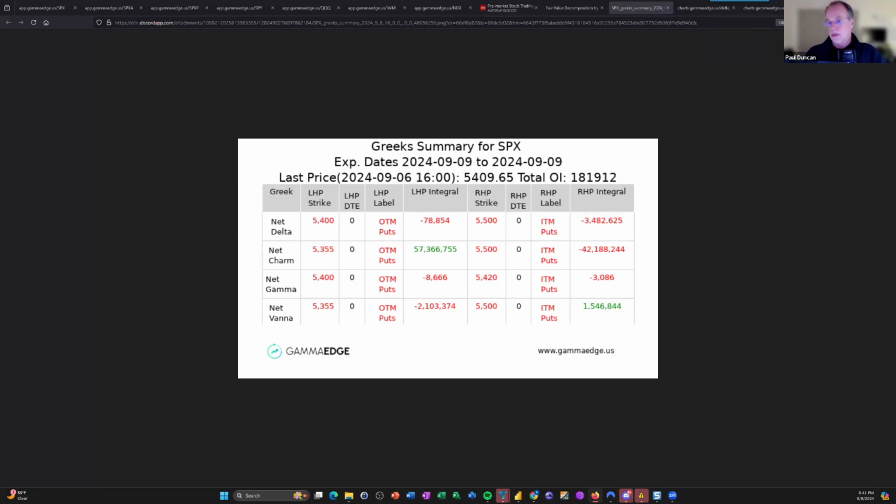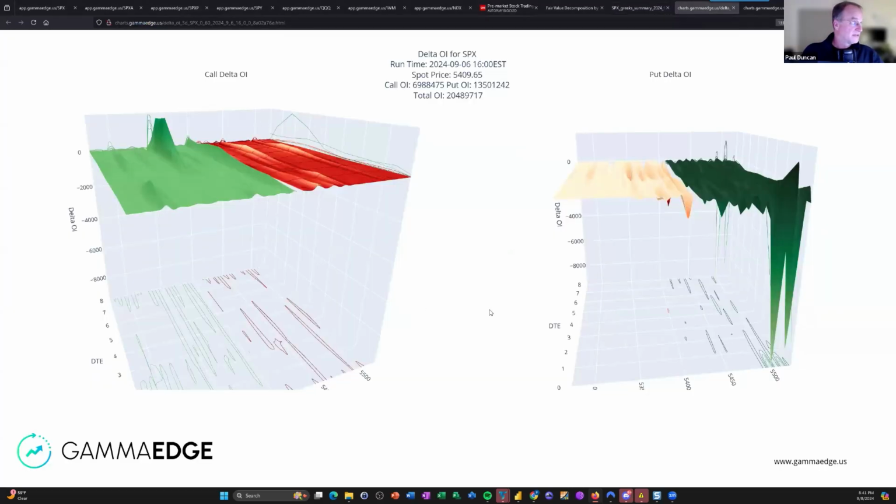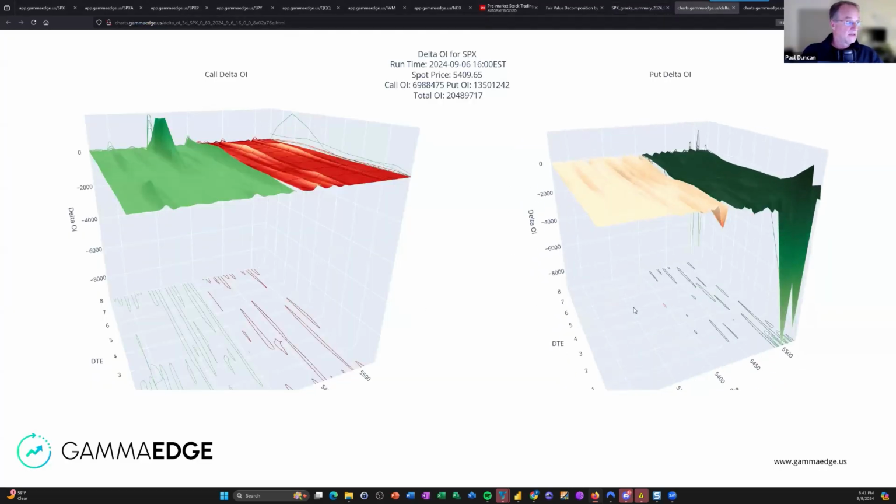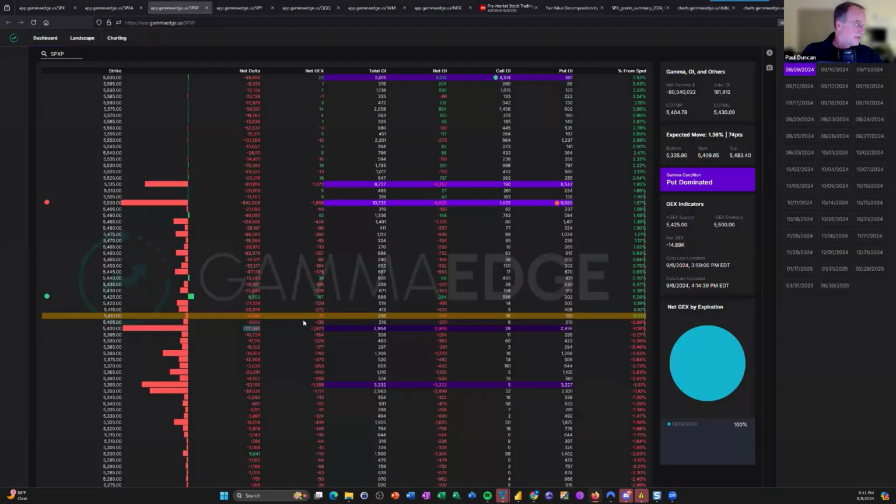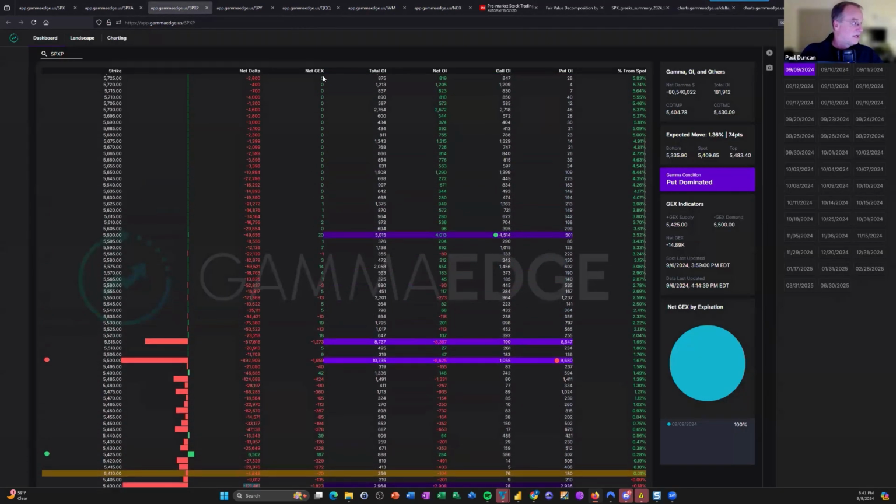What is charm? So we had delta before, right? And you remember the delta looked like this, right? Delta for the SPX looks like this. And we also talked about an area of delta where the gamma function, or all of these functions, either the out of the money calls have limited and there's no gamma there.